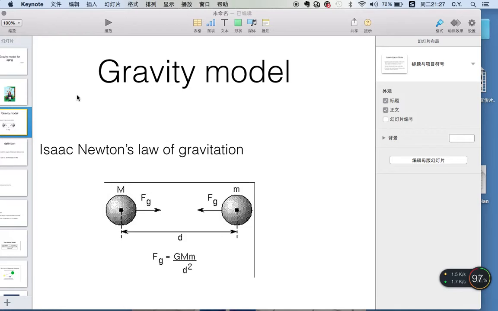It says that when two atoms have mass, they both exert a force on each other, which means they have gravity for each other, and it depends on the mass of these two items and on the distance between these two atoms.